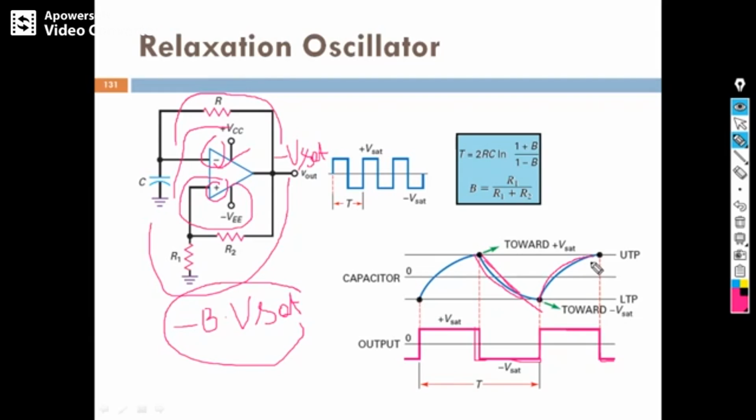In this way, the charging and discharging of the capacitor repeats, and the time period T is nothing but the on period and off period of this pulse waveform. There is a formula to find T. T is equal to 2 RC ln of (1 plus B) divided by (1 minus B). In the next slide, we will see the numerical related to this one.